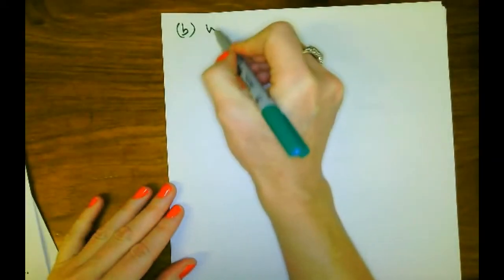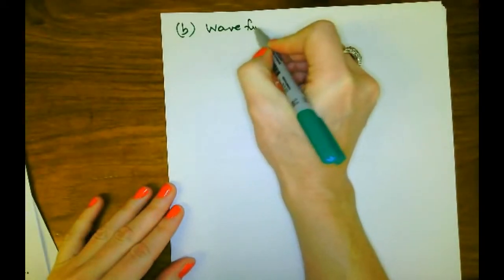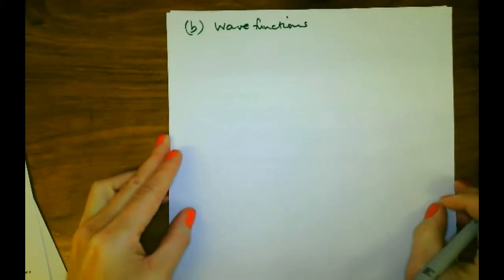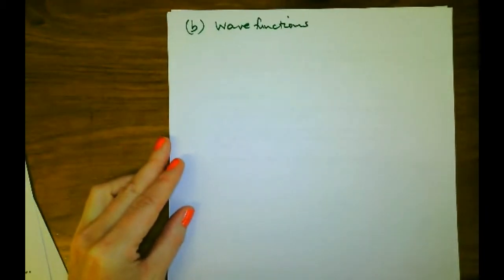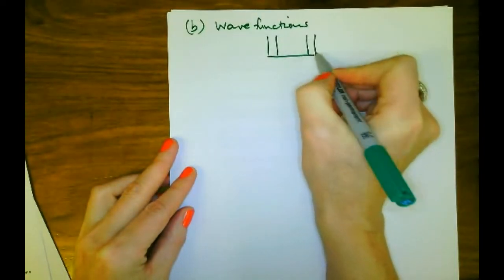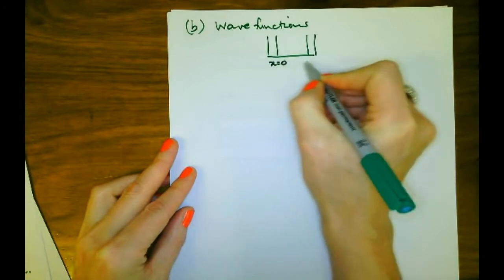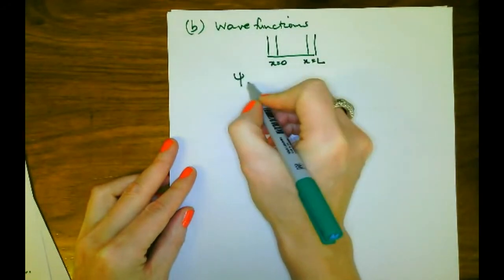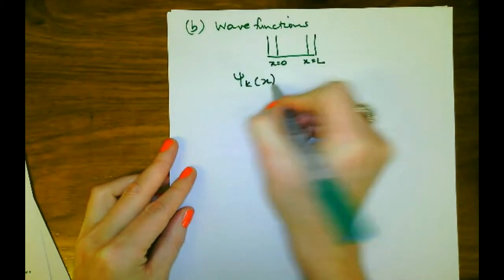The B part of the question asks us to derive the wave functions for the particle in a box system, and here we are going to make use of the boundary conditions. Now remember, previously we have obtained this equation in the lecture notes.